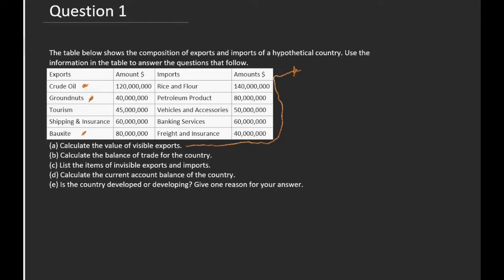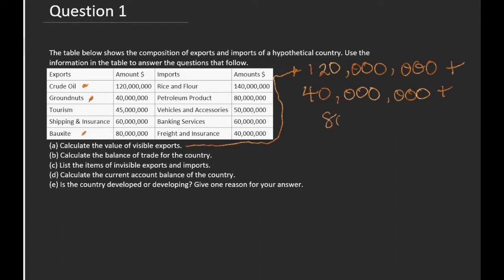Crude oil is 120 million. I'll write it down. Plus granules is 40 million. And the bauxite is 80 million.